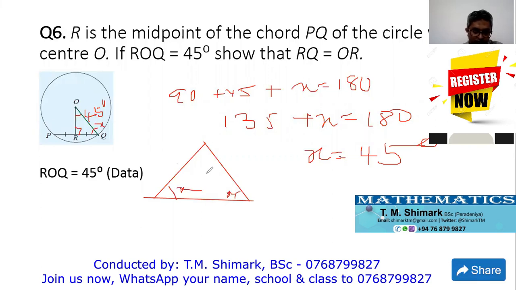We call it an isosceles triangle. Two sides are equal means opposite angles are equal. That's what we have learned. So these two angles are equal, so PR, RQ and OR are going to be equal. Correct? Hope there is no problem in this, right?